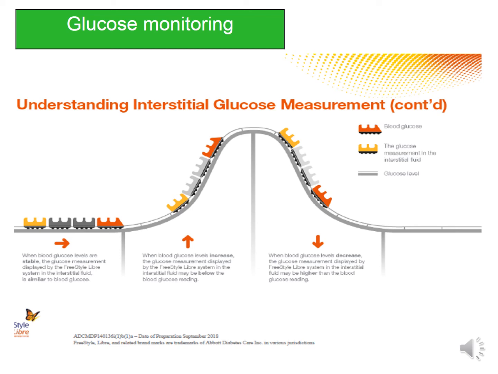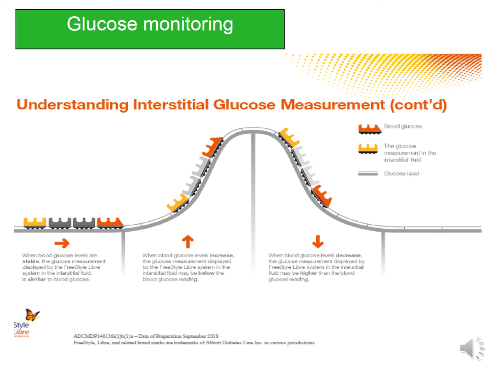However, when the glucose level is changing rapidly, so this is after food and insulin, the blood glucose may be reading higher than the interstitial fluid reading. If you remember from the previous slide, glucose travels from the blood into the tissues, so that explains that. And the same on the way down.